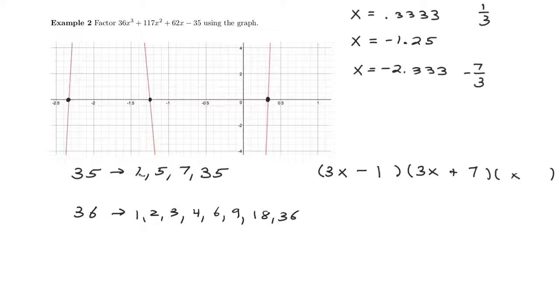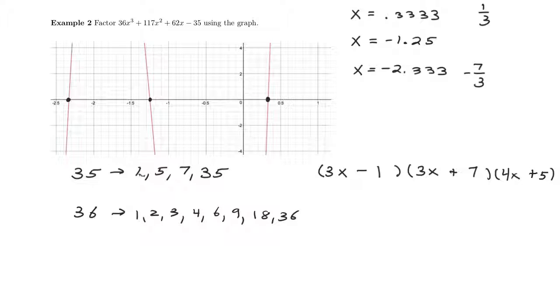So I'm just going to place a 4 here. If I want to multiply to negative 35, it's going to be negative 1 times positive 7, and a positive 5 is what is left over. Notice that the 5 appears in the factors of 35, so I'll put plus 5.